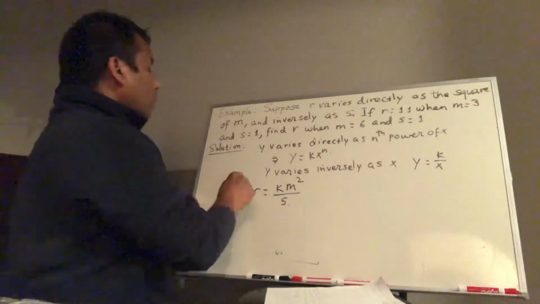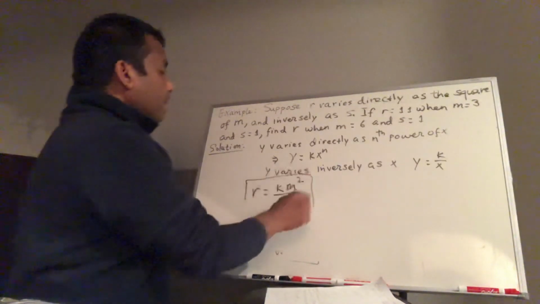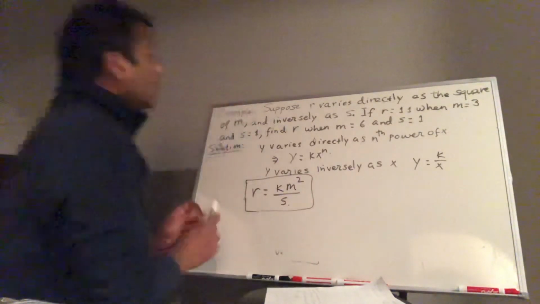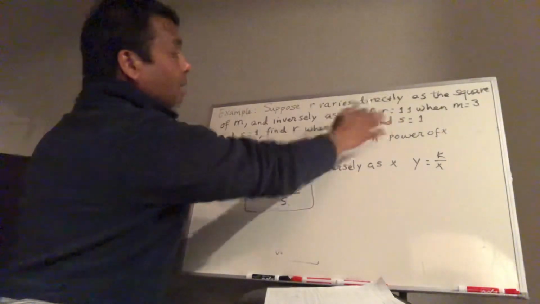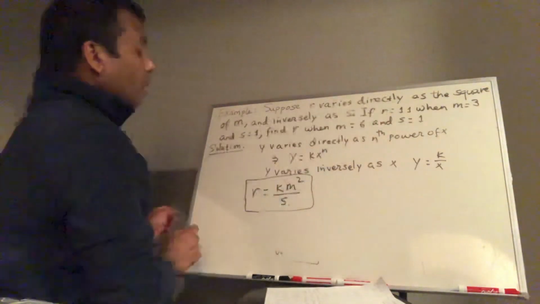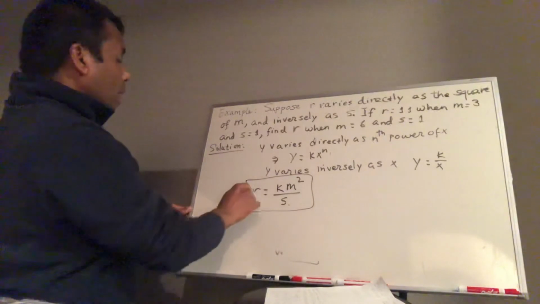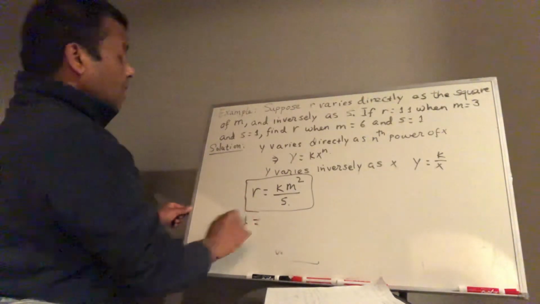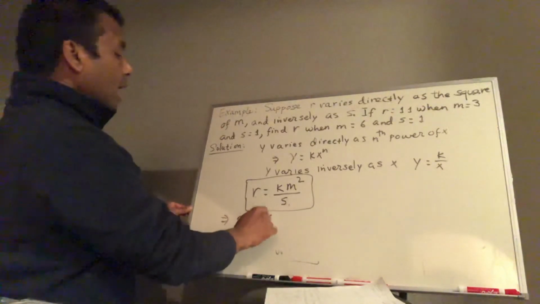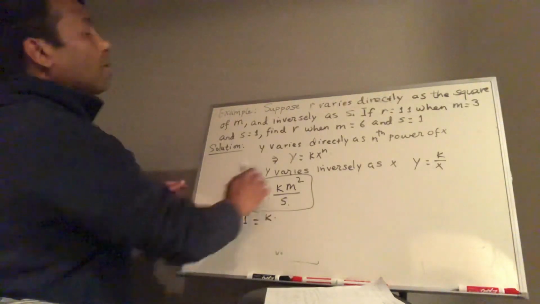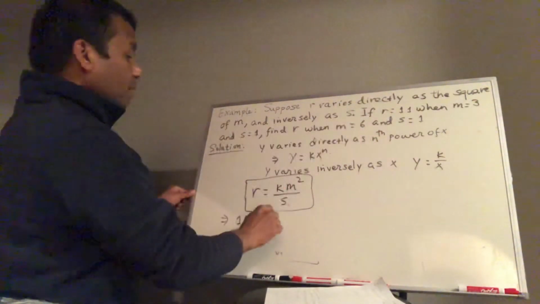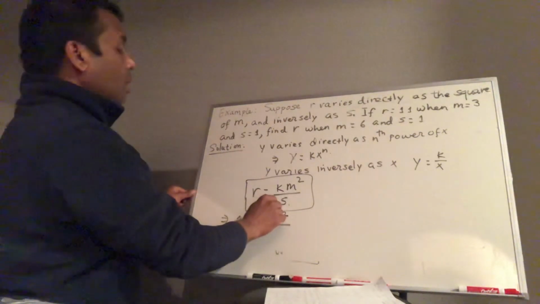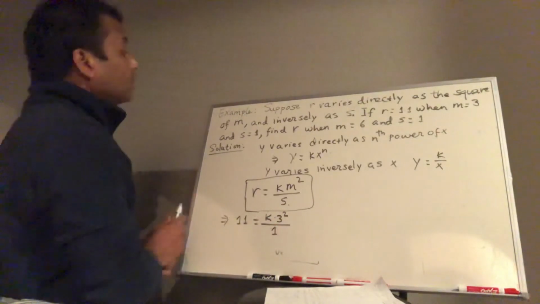So now we have this equation here, and we are given if R equals 11, so you plug in 11 here, you substitute the value of R as 11. This equals k times, what is the value of M? So M is 3, so this is 3 square over, what is the value of S? 1, right?